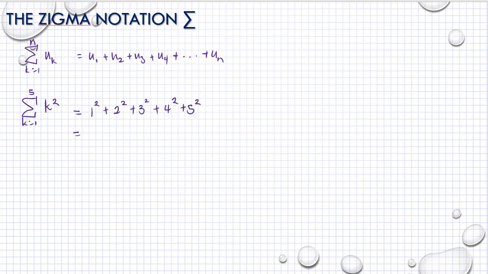Then we have 1 plus 4 plus 9 plus 16 plus 25. This is 20, and then 30. Then we have 30 plus 25, that is 55. That's it.